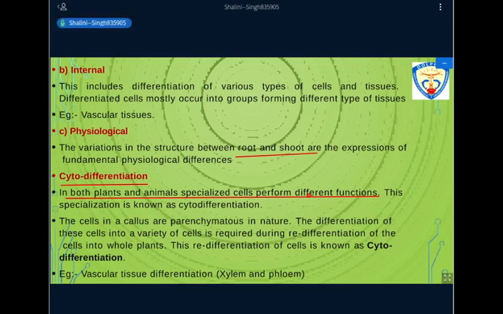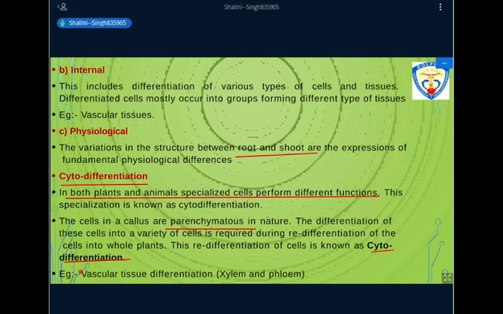The cells in the callus are always parenchymatous in nature. You must have studied that there are different types of cells in the plant. They may be collenchyma, sclerenchyma, but here in callus, the cells are parenchymatous in nature. The differentiation of these cells into a variety of cells is required during redifferentiation of the cells into whole plants, and this is known as cytodifferentiation.